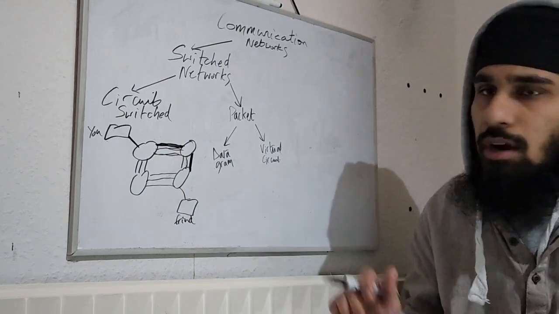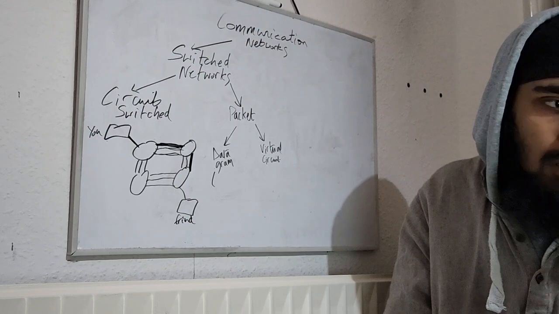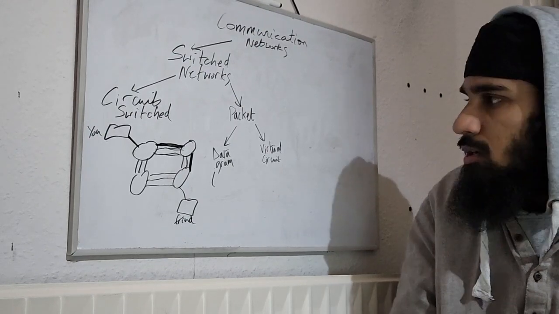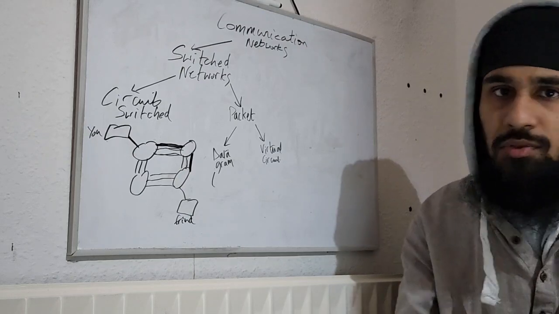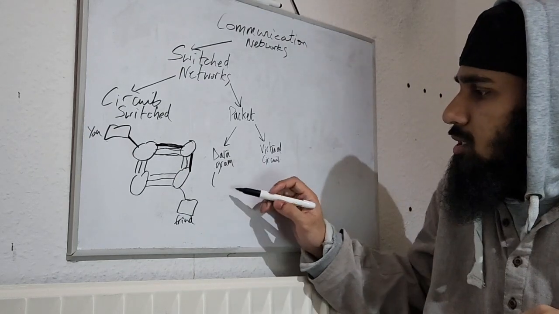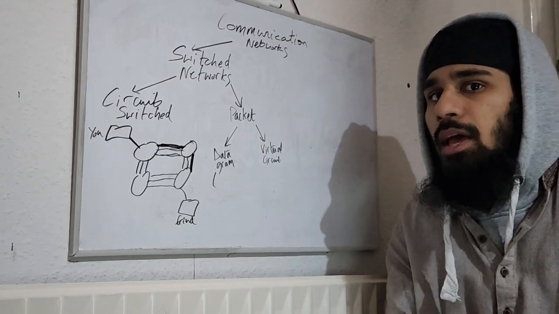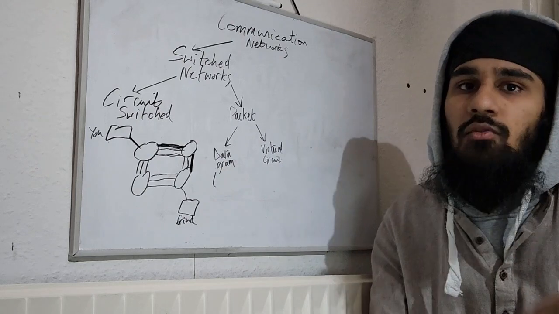So for datagram, the key difference is that the route that you are sending is not fixed. You can change your route. If you are sending information, you're not going to use the same route.